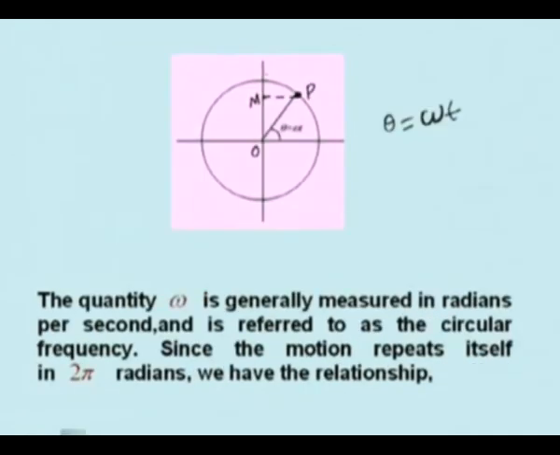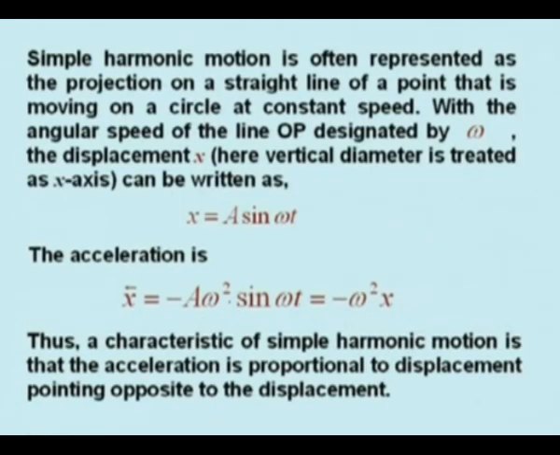If we say that a is the radius, then naturally this will be a sin omega t, theta is equal to omega t, and therefore acceleration x double dot is equal to minus a omega square sin omega t is equal to minus omega square x.